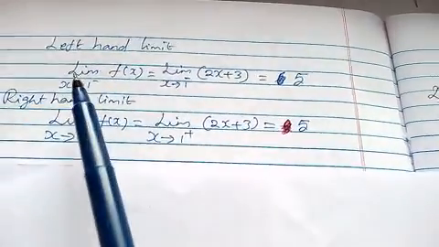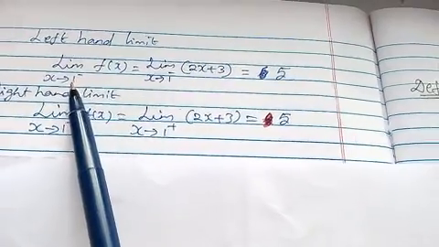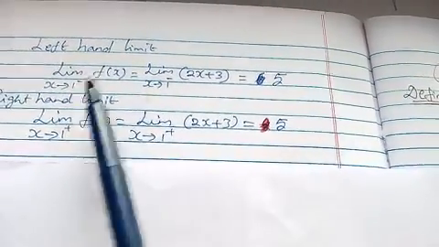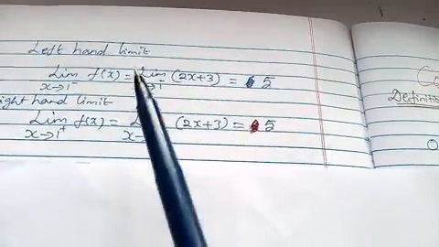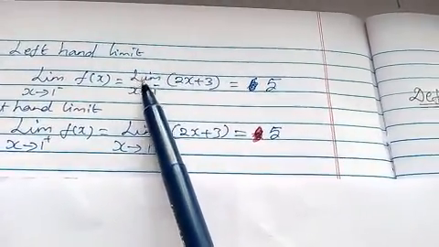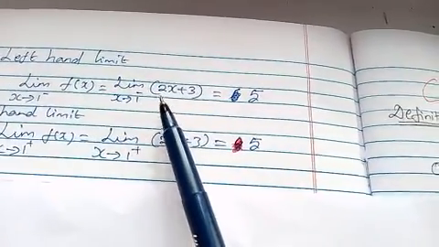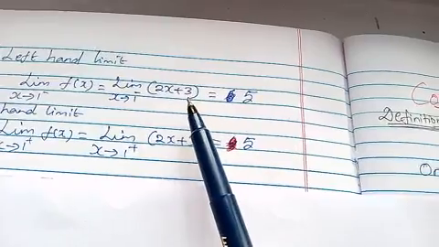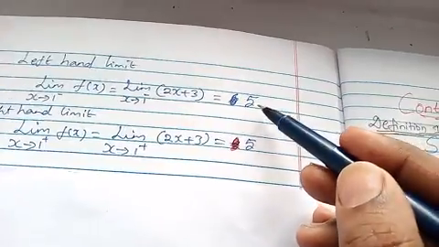Left hand limit, x tends to 1 minus, f of x is equal to limit x tends to 1 of 2x plus 3. So what value will you get here?